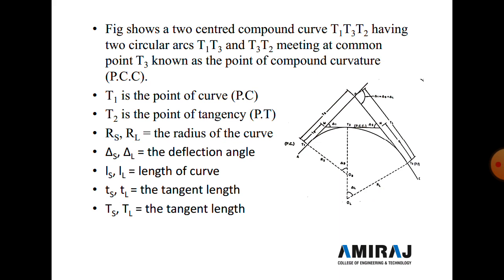Delta S and delta L are the deflection angles, and LS and LL are the lengths of the curves. Small ts and tl are the tangent lengths, and capital TS and capital TL are also tangent lengths, this one and this one.